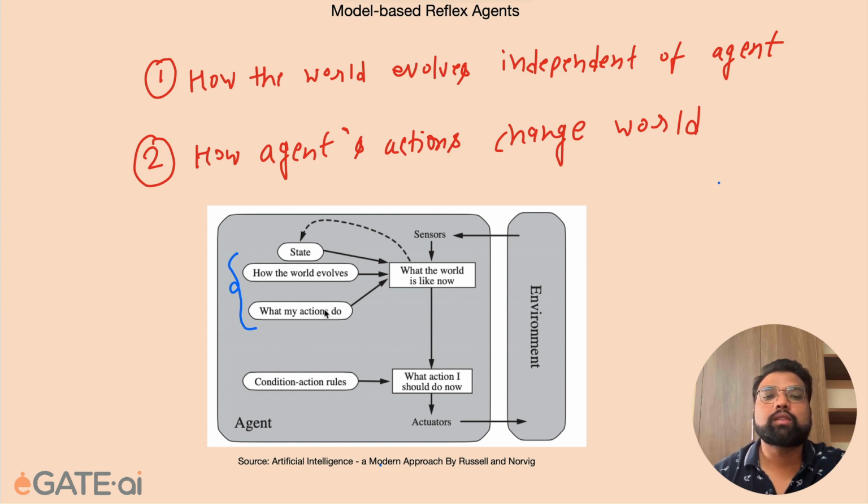This is what we call the internal state. It will take the current percept as well as these two pieces of information, and then we get to know what the world is like right now. The rest is the same. It will have an idea of the world, match that with the condition-action rules, and then do the actions which will change the environment.